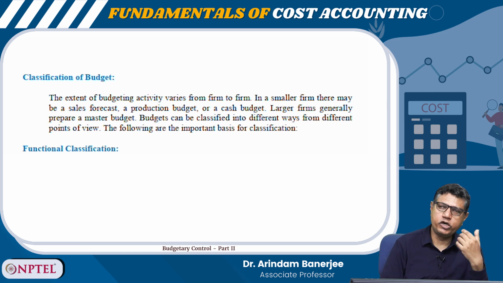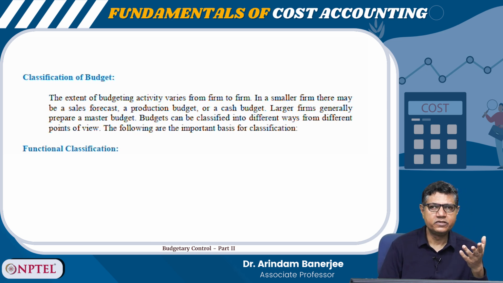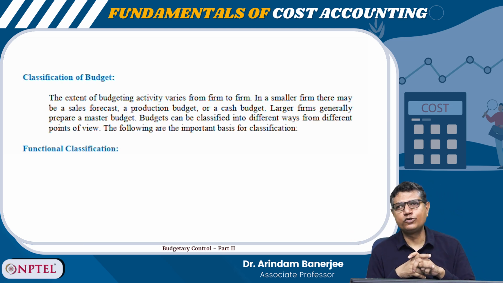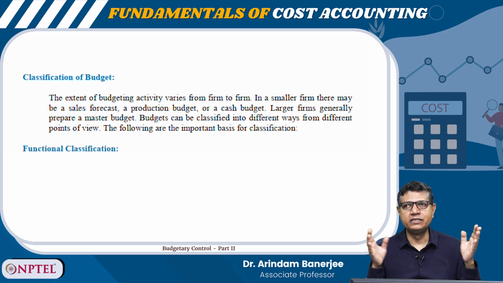Then it can be short term or long term. Depending upon my need, I can make a monthly budget, a quarterly budget, a half yearly budget, a yearly budget, or a budget for several years together. The most common time frame is a year.